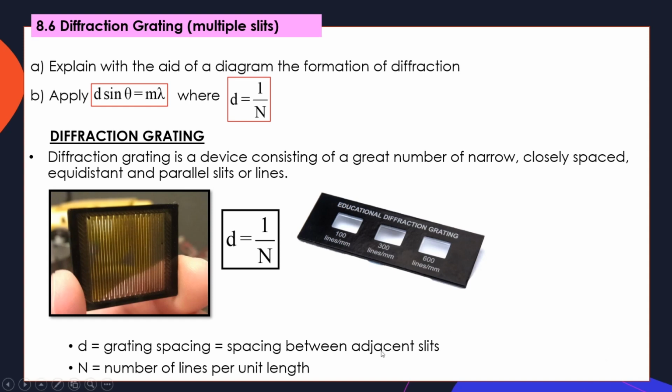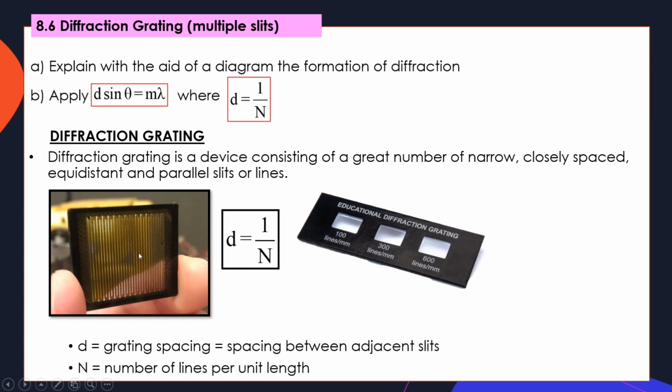Okay, so if you can see here, the definition of the diffraction grating, it is actually a device consisting of a great number of narrow, closely spaced, equidistant and parallel slits or lines. So you can see here we have a lot of lines, and they are parallel slits.